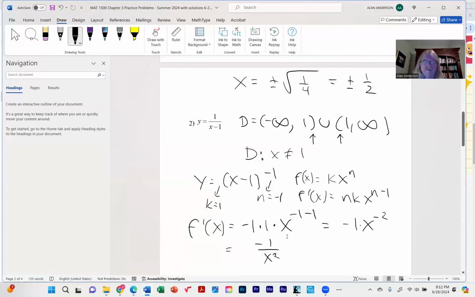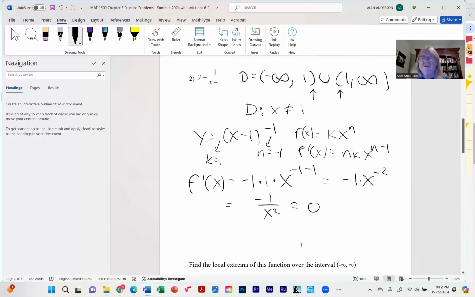Okay, so now here's the problem. We're going to try to set that equal to 0. Well, it turns out there is no value of x that could cause this ratio to equal 0. So here, the result is that there is no critical point.